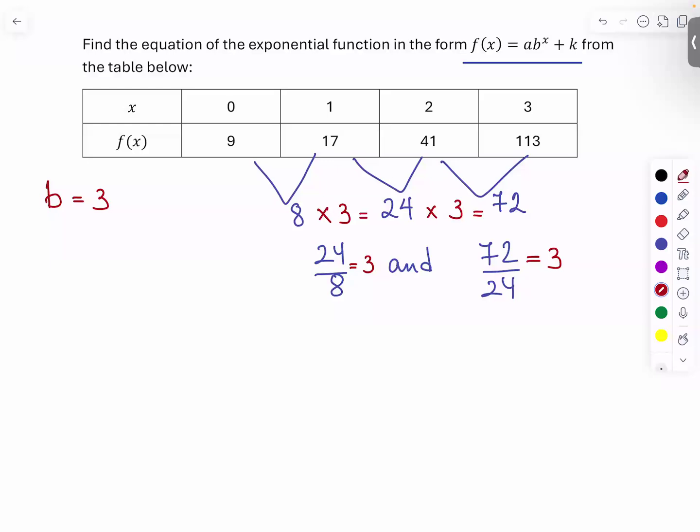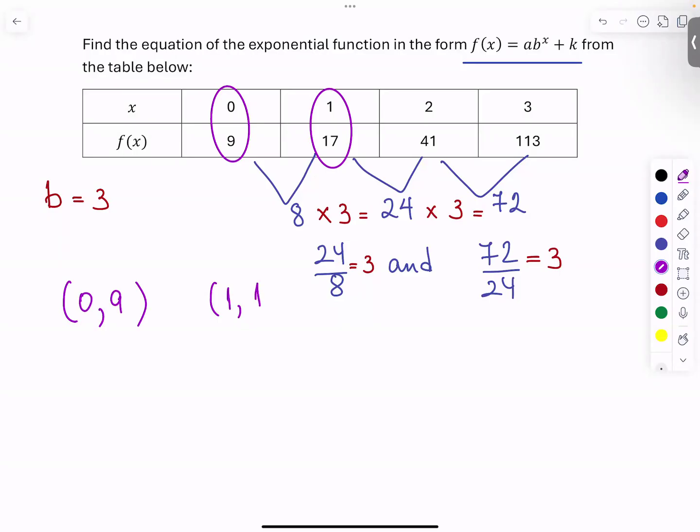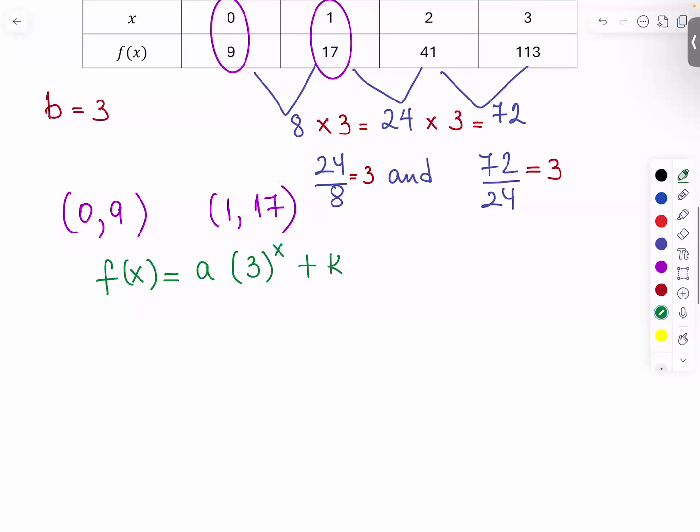Okay, base is found. Now we're going to choose 2 points from the table with x and y values. 0, 9, 1, 17. So f of x equals a times 3 to the power of x plus k. All right, let's substitute.